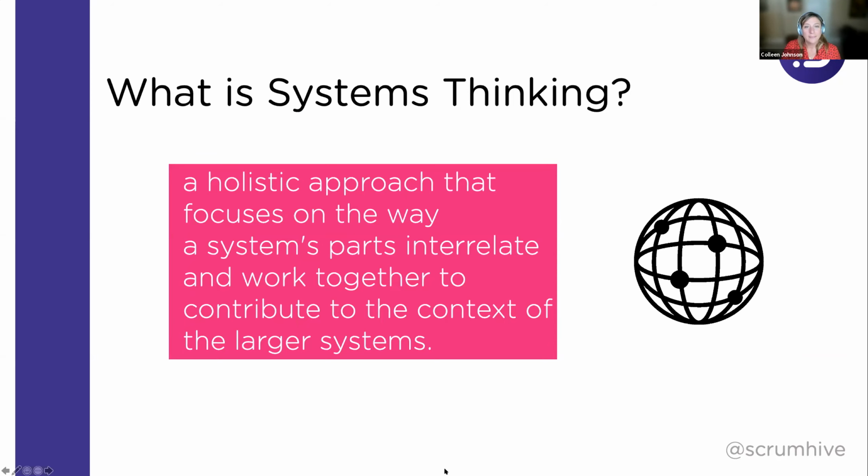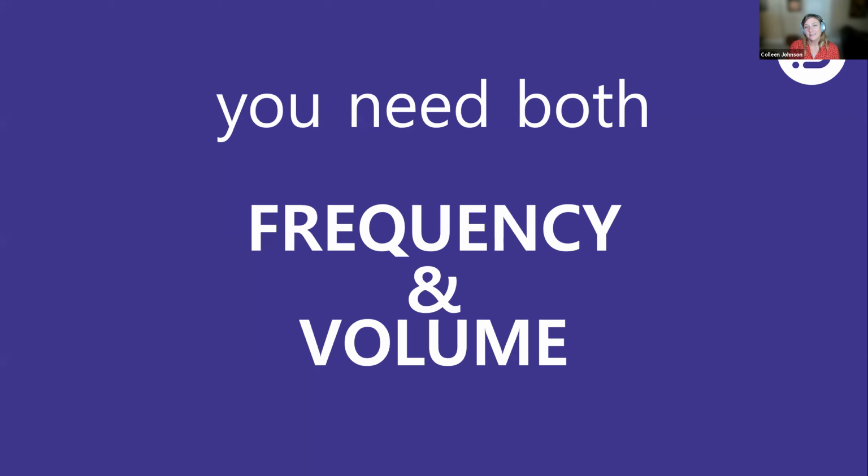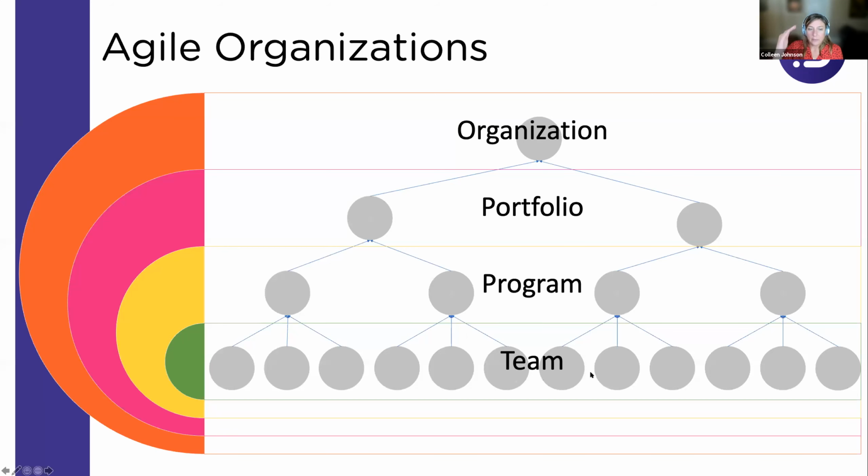So this is all great, but how do we do it? I think you need 2 things to make this type of org and this type of layered retrospective pattern work. You need frequency and you need volume. So let's go back to what we talked about with our layers of this organization, right? We have our teams that maybe roll up to programs that roll up to a portfolio, and portfolios up to the organization.